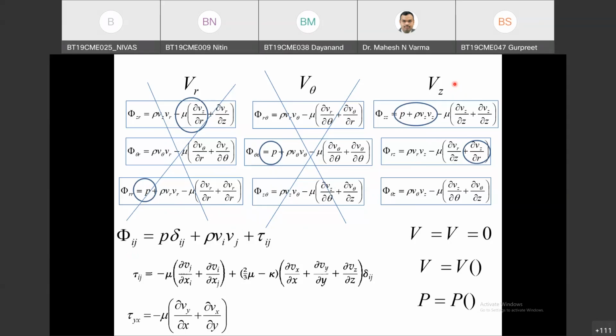Important is only the velocity in z direction, so we will take the z momentum balance equation. In that, this will be 0, and this is non-zero, and this is non-zero. All other terms are 0.